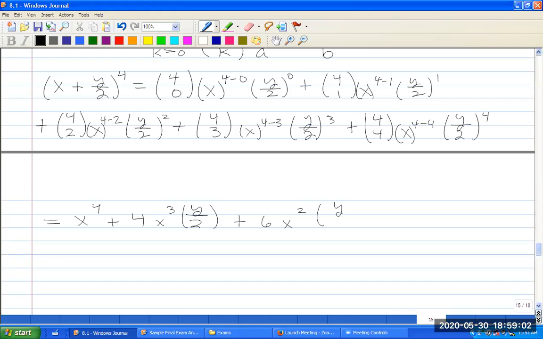Plus 4c3 is 4, x to the first, y cubed over 8. Plus 1 times 1, y to the fourth over 16.